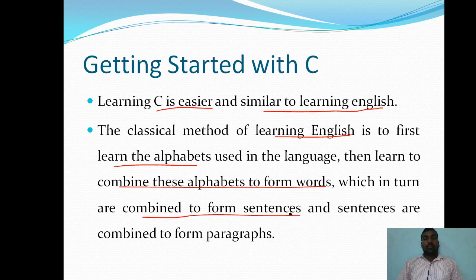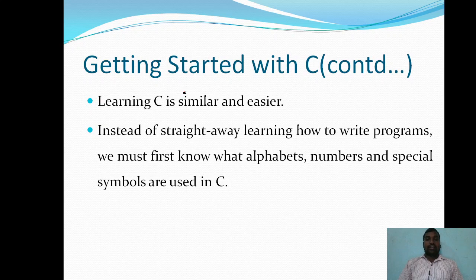Then after forming the sentences, we can combine several sentences to form paragraphs. In the same way, we can learn the C language so easily. Learning C is similar and easier, right?